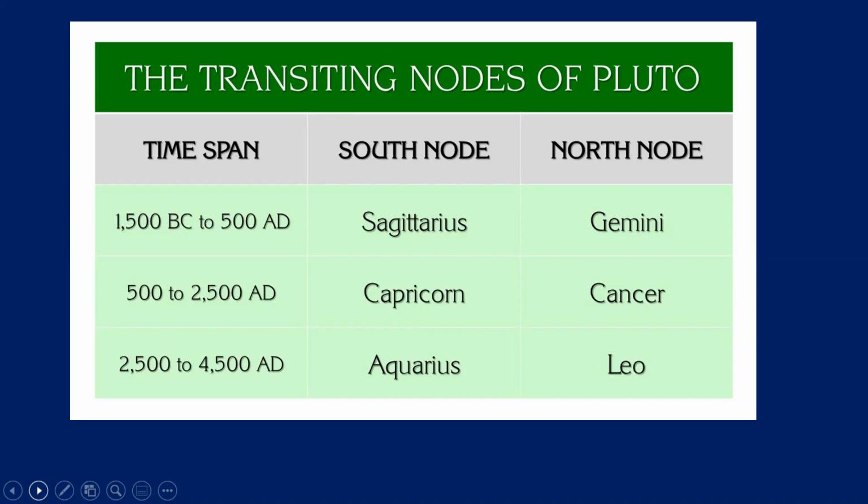And let me also say that the nodes, where the moon's orbital path intersects with the sun and how that all lines up with the earth, those are the trigger points where eclipses take place. So a solar eclipse, a new moon, a lunar eclipse, a full moon occur relative to the moon's nodal axis.